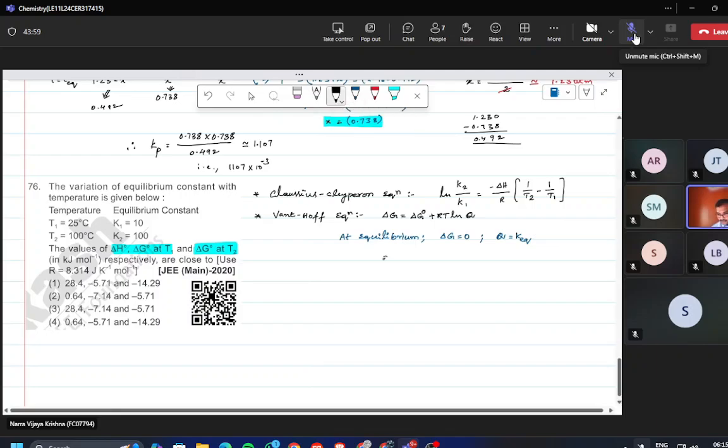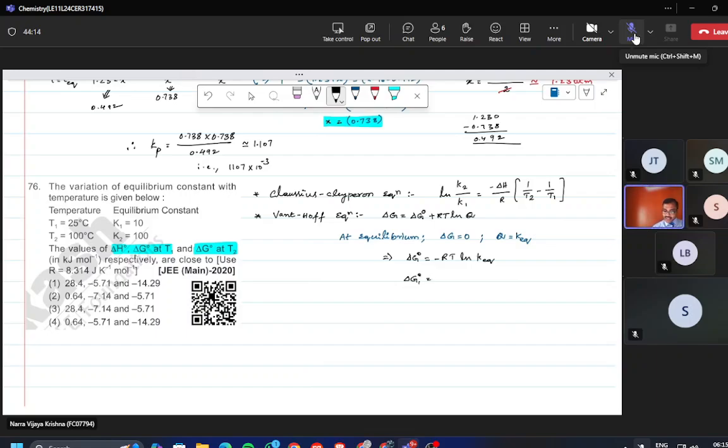Now, substitute, then what you'll get? That implies delta G naught becomes equal to minus RT ln K equilibrium. Correct? I call this delta G1 naught, this is delta G2 naught. What is delta G1 naught equal to? Minus RT1 ln K1.